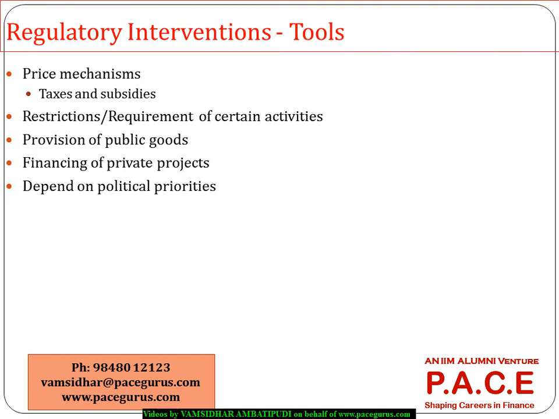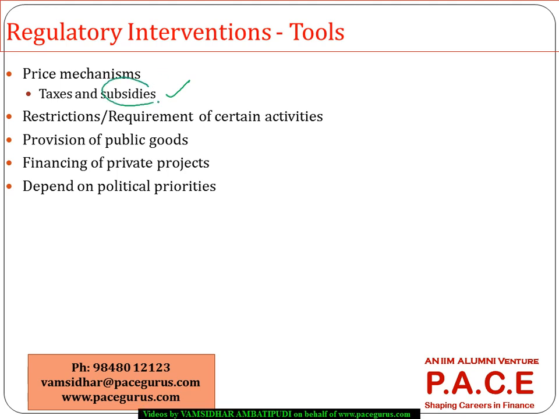Now, if we are looking at the regulators, what are the tools that are really available for them to provide the regulation aspect? In some cases, the regulators play very heavily with taxes and subsidies. They try to tax some particular businesses more, or provide some tax benefits to some particular businesses as a mechanism of regulatory intervention.